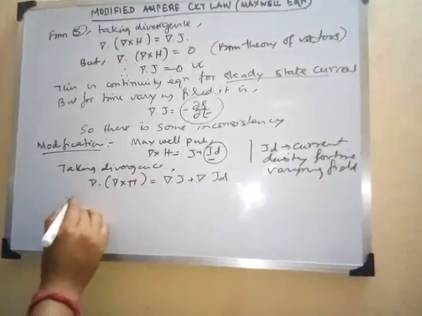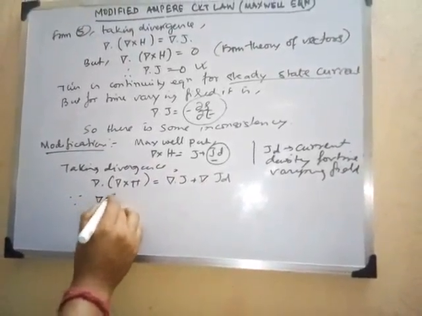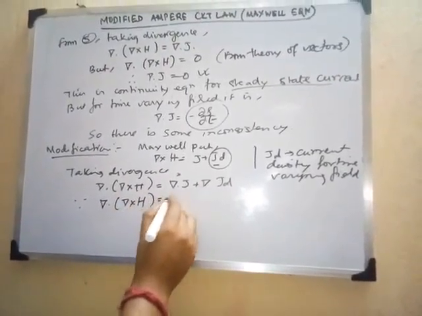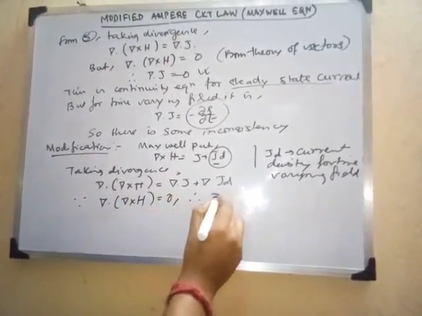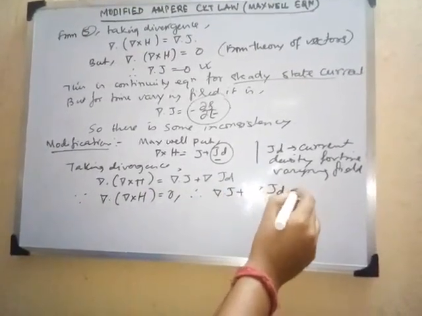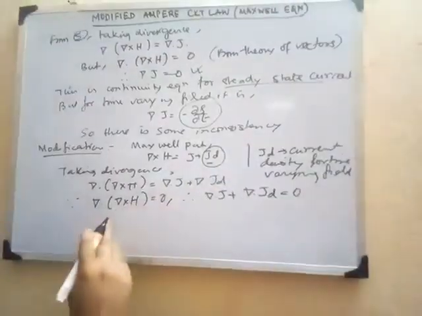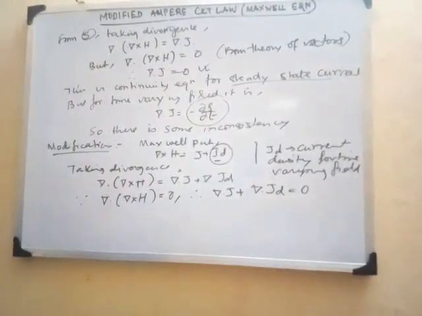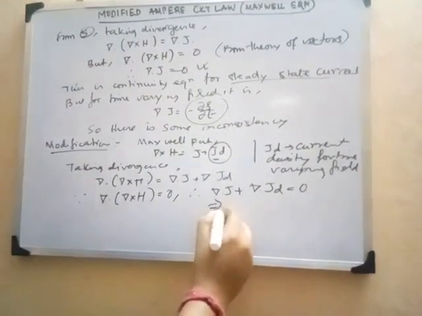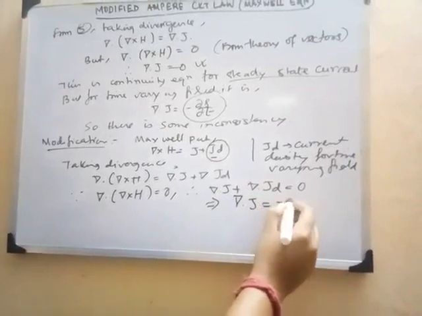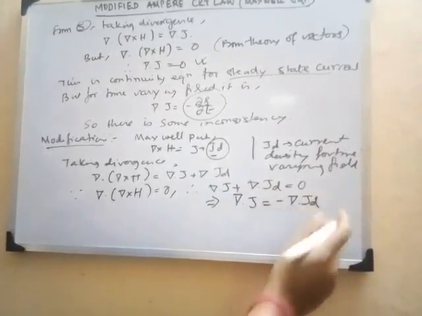Since we know the divergence of curl of a vector H is equal to 0, we can conclude that del dot J plus del dot JD will be equal to 0. This side will be 0 because this side is equal to 0. Therefore from here we can write that del dot J is equal to minus del dot JD, right?